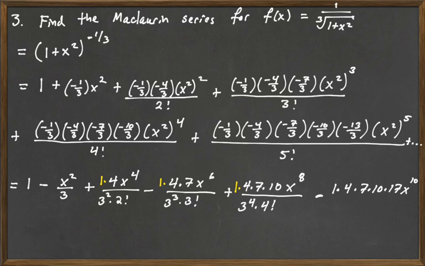Now this is supposed to be a 13. I don't know where the 17 came from. Sometimes we get carried away in the excitement. Okay, and that's going to all be over 3 to the 5th, 5 factorial, and that's going to keep going.